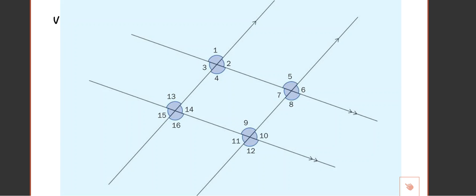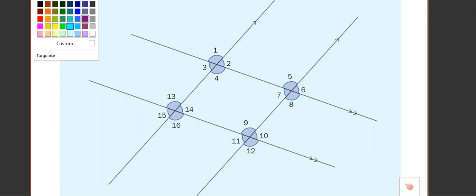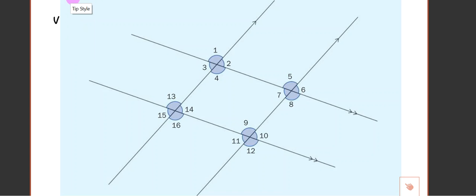Finally, is everyone checking their work and happy with what they wrote down for corresponding? So we've got alternate angles now. If I said to you, which one is alternate to 1? 4 is vertically opposite, no? 16.